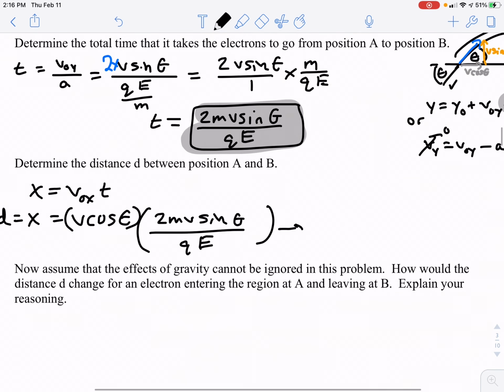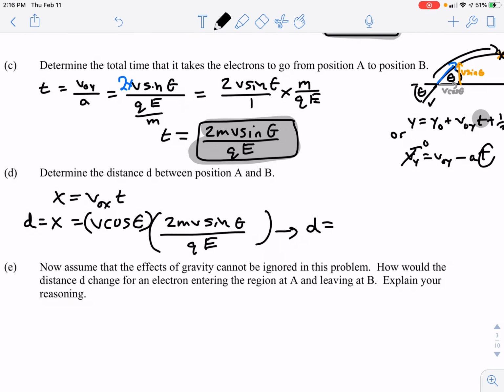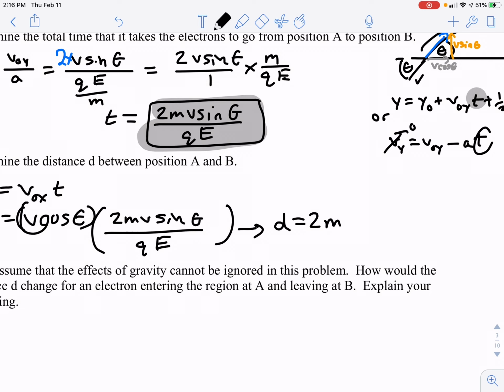So if we rewrite this, we get 2m v squared sine theta times cosine theta all over qE.